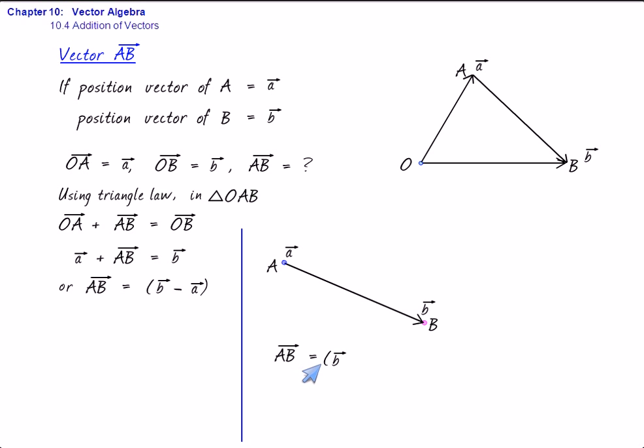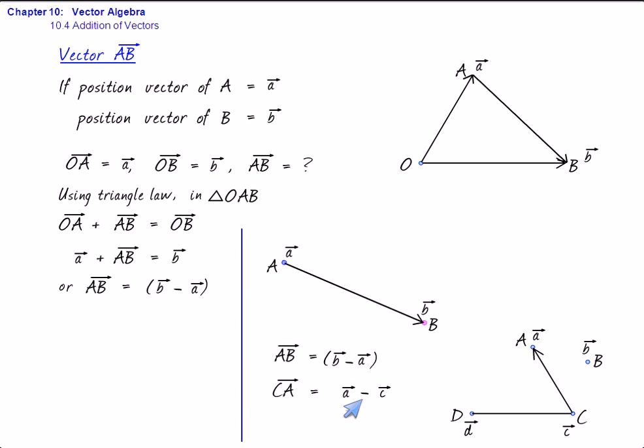Let me take more examples. Suppose you have a few points A, B, C, D, and their position vectors are respectively denoted by small symbols a, b, c, d. Can you tell me how much vector CA will be? It will be A minus C. When you are making vector CA, the terminal point is A, so it is A minus C. What will be vector DC?